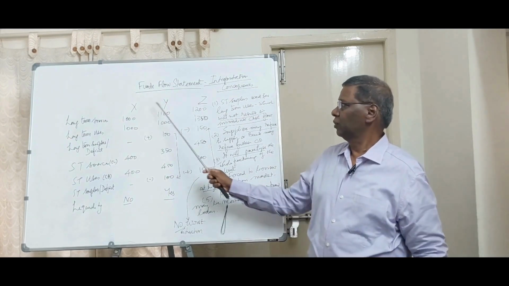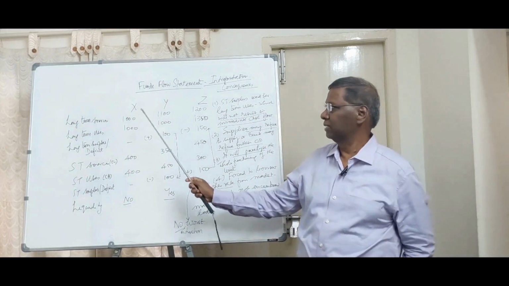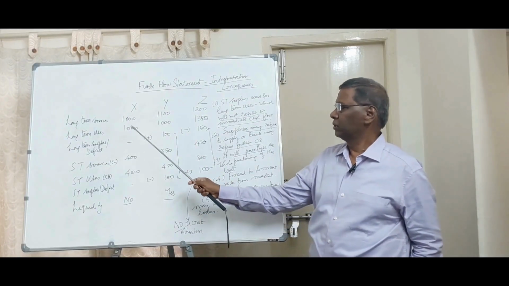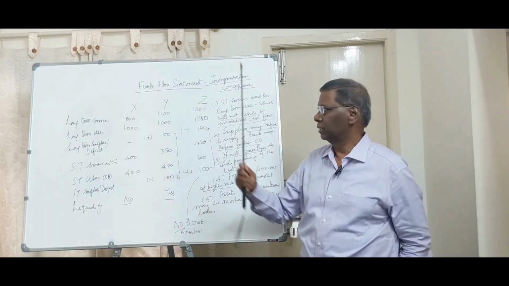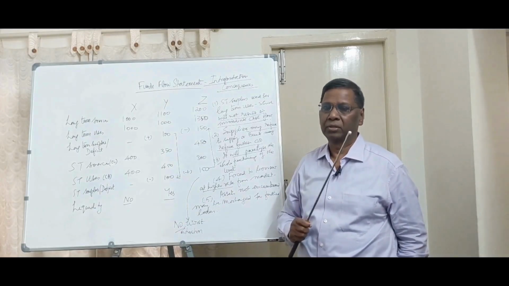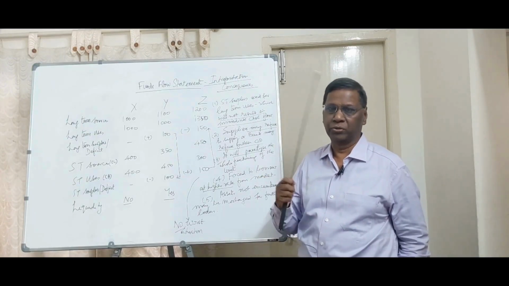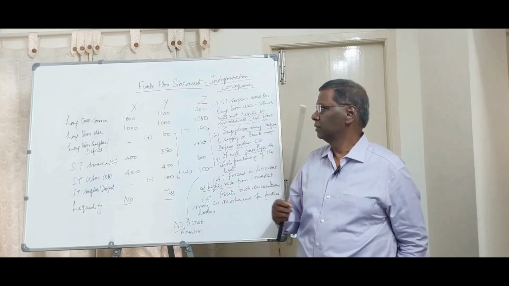So in this case, X, Y, Z. First, you have to see company X. Long-term sources are 1,000. They borrowed 1,000, by way of a term loan or something like that. You would have brought equity also, his capital also.